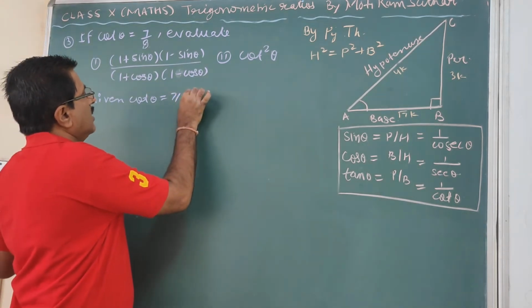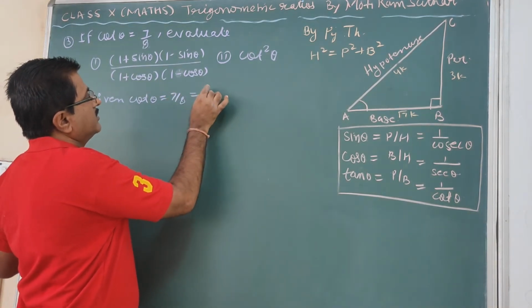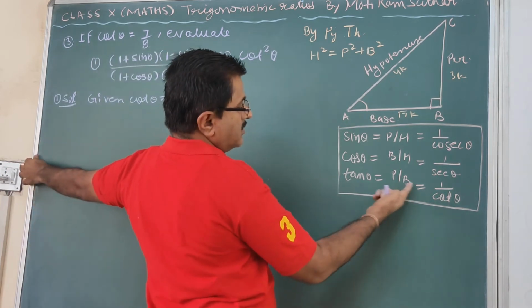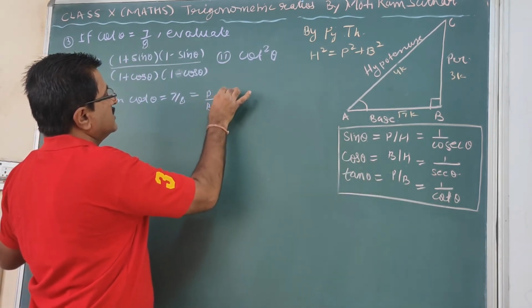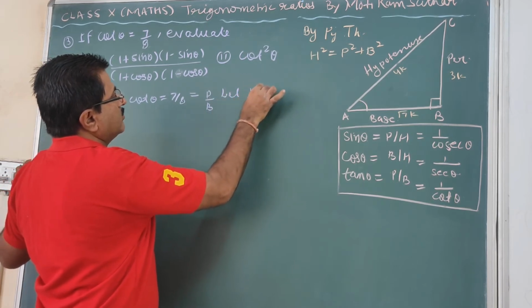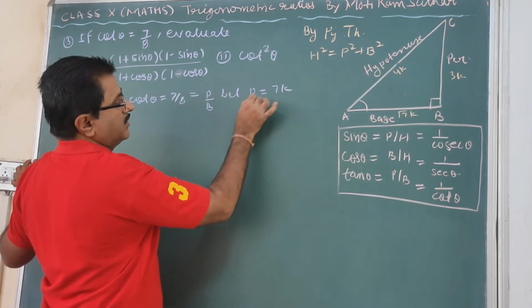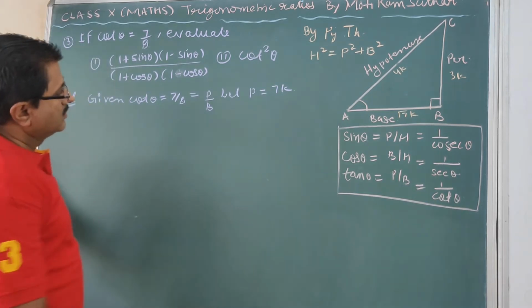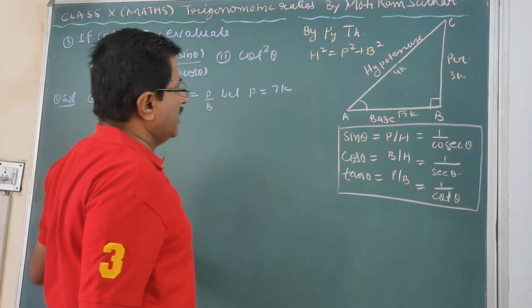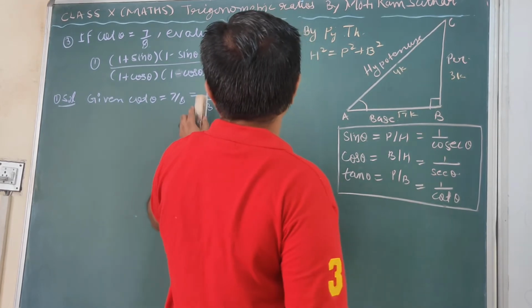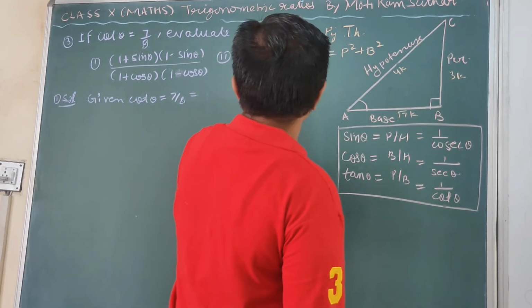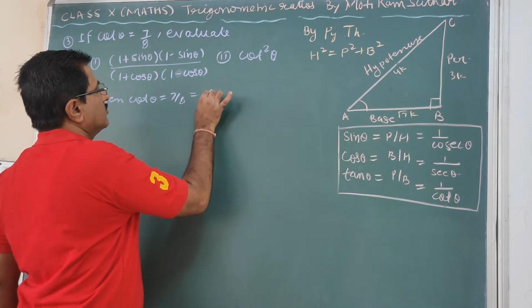So this is given, cot theta is 7 by 8, that is cot theta is base upon perpendicular. Cot theta is the reciprocal of tan theta, so we can write this as b upon p, not p upon b.